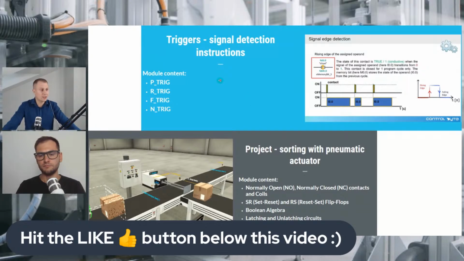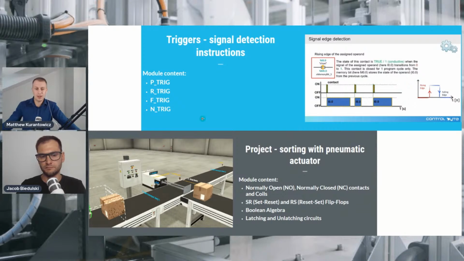We need to detect positive signal and negative signal, so we need to detect edges of our signal from sensors, buttons, etc. Rising edges and falling edges of our signals.